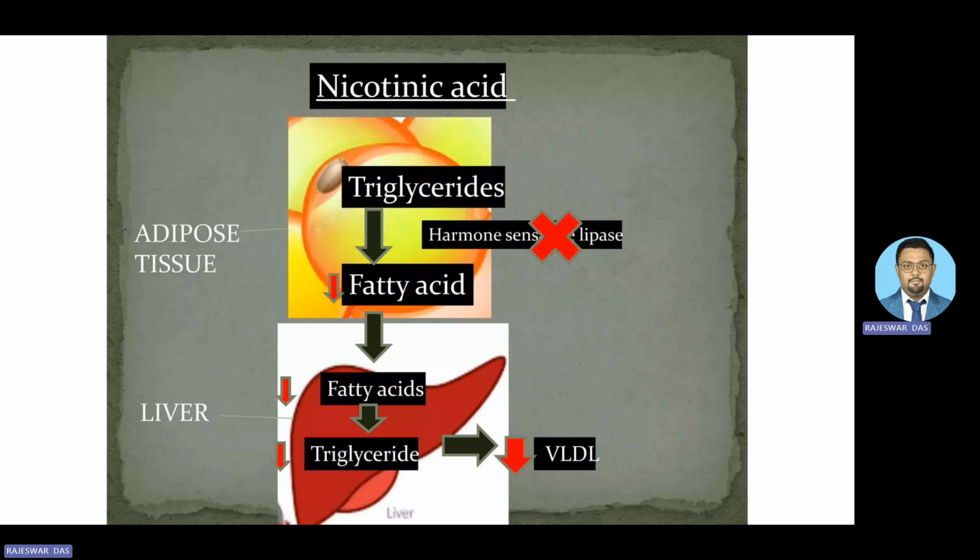So nicotinic acid mainly blocks the hormone sensitive lipase enzyme, which converts triglyceride to fatty acid in the adipose tissue. So no further step will occur due to the blocking of the hormone sensitive lipase enzyme, so VLDL cannot be produced, and that decreases the level of cholesterol in our body.